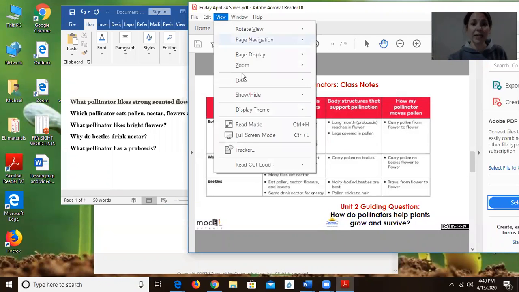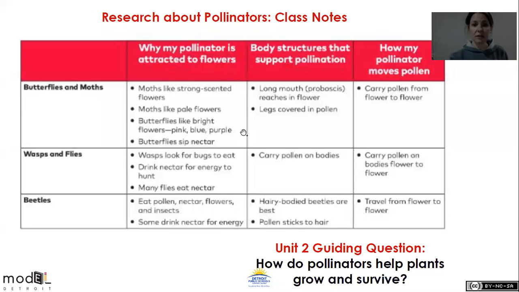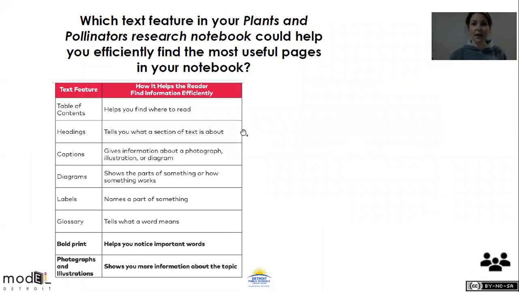Now we're going to continue because I have another set of questions. Right now would be a great time again to pause your screen. This is our text features anchor chart.